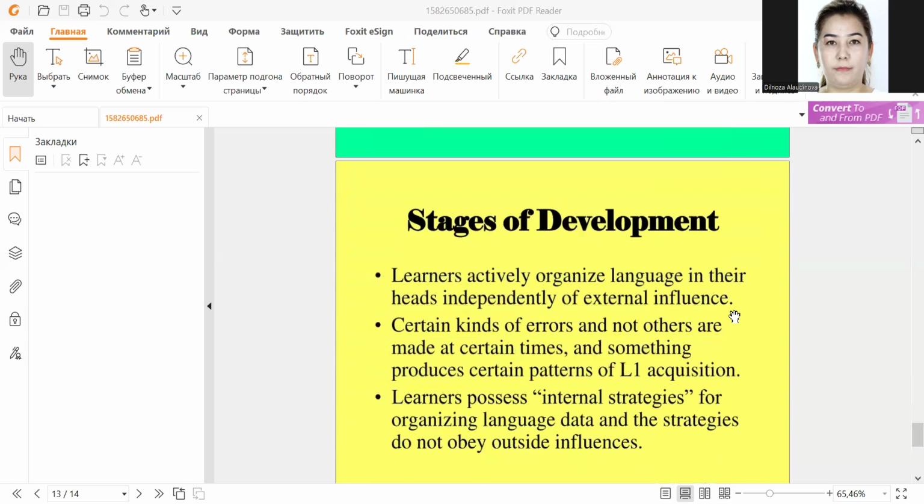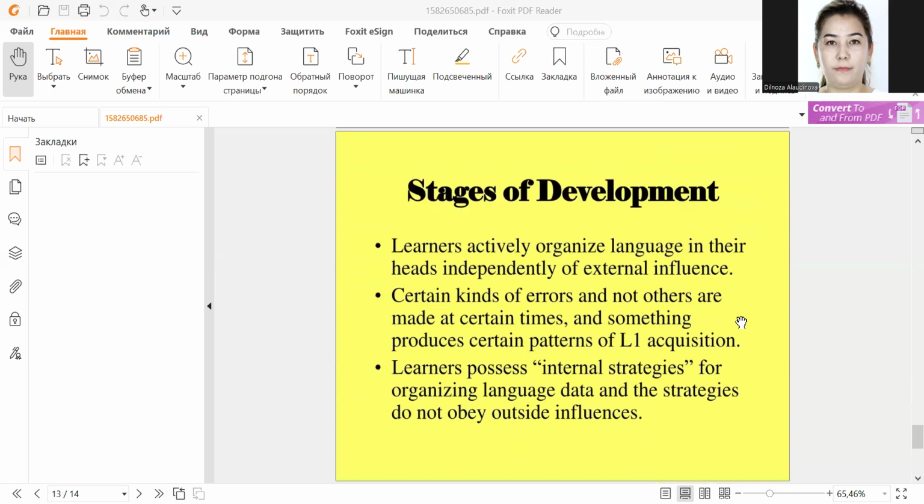Stages of development: learners actively organize language in their heads independently of external influence. Certain kinds of errors and not others are made at certain times, producing certain patterns of L1 acquisition. Learners possess internal strategies for organizing language data, and the strategies don't obey outside influences.